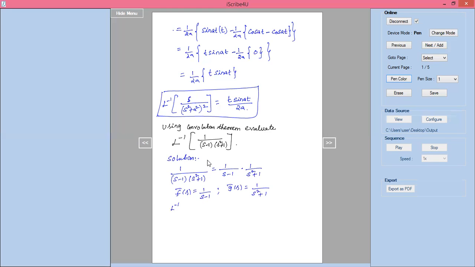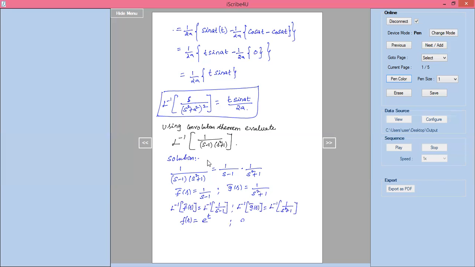L inverse of f bar of s equals L inverse of 1 divided by s minus 1, and similarly L inverse of g bar of s equals L inverse of 1 divided by s square plus 1. L inverse of f bar of s is f of t, so L inverse of 1 divided by s minus 1 is e power t.